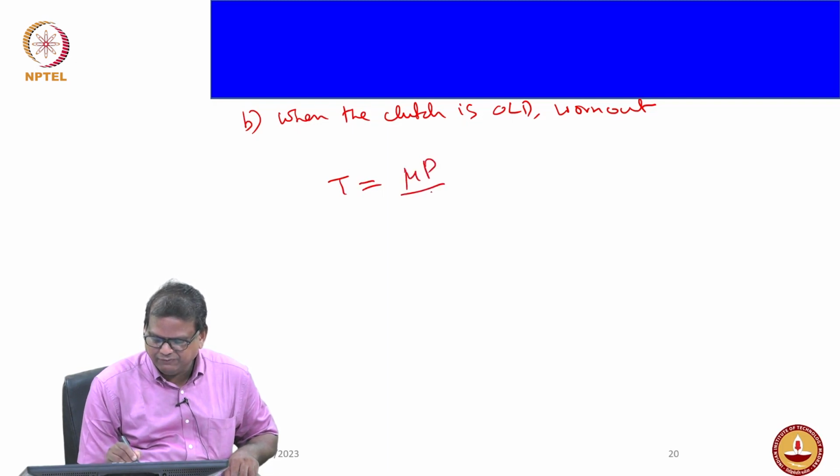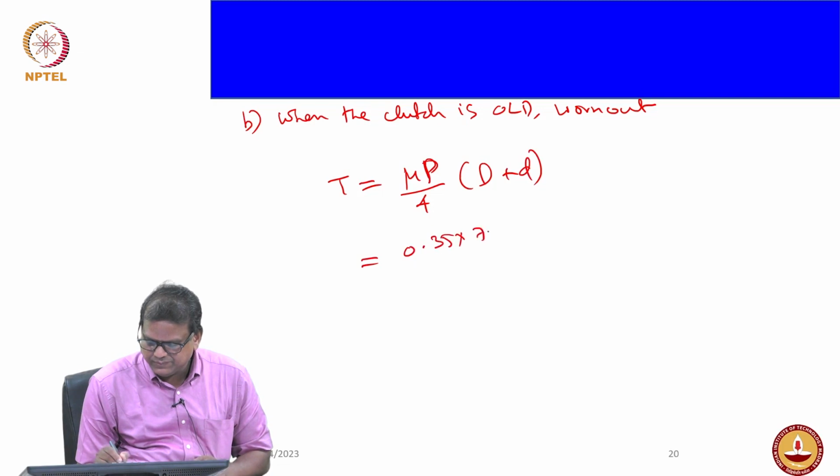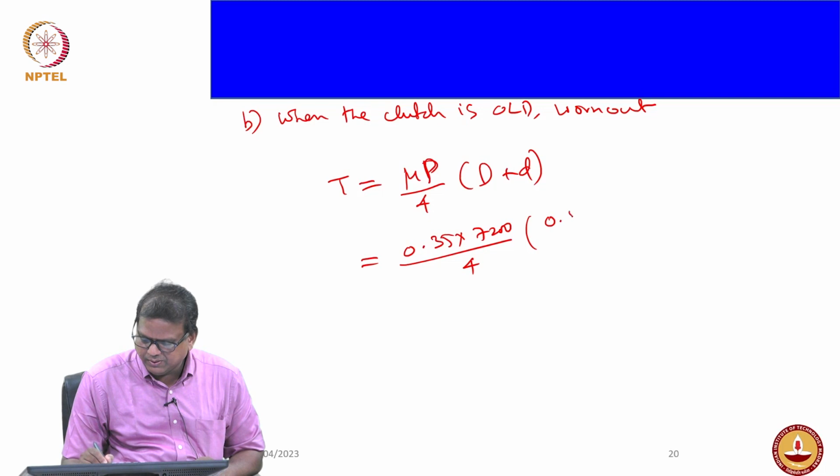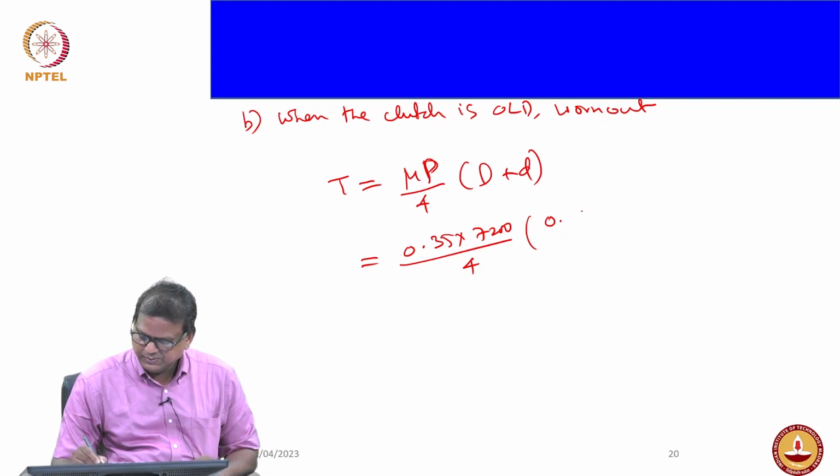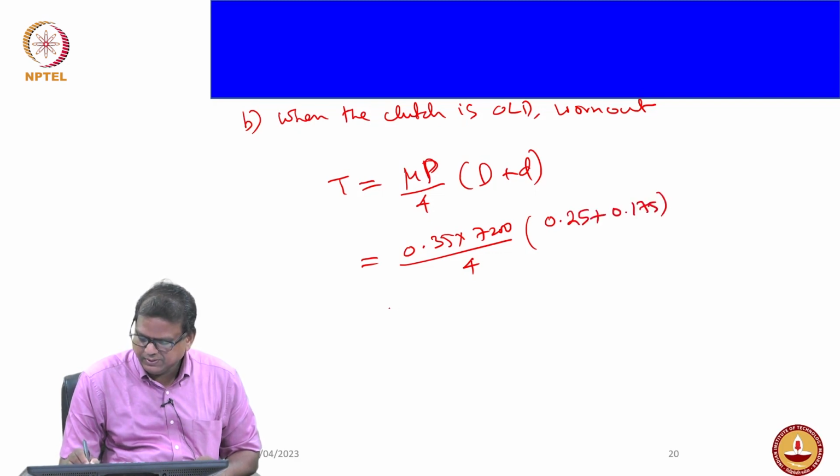Mu P by 4, into (D plus d). So 0.35 times 7200 divided by 4, into 0.25 plus 0.175.